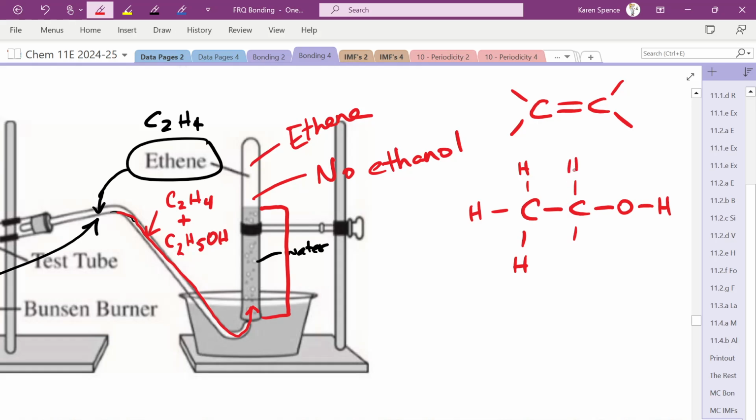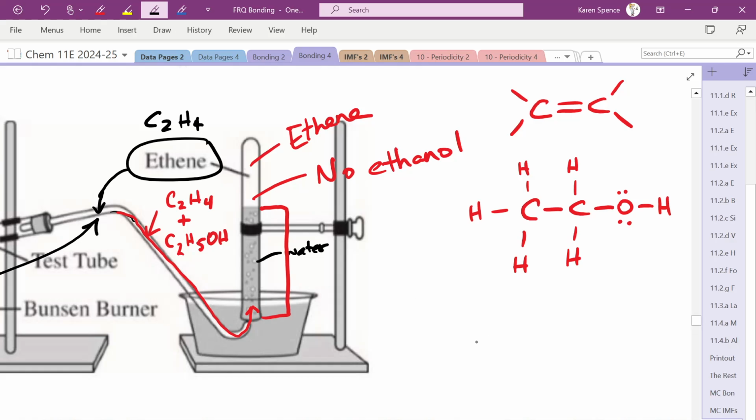And you have already drawn some Lewis structures. Yes? Where did the ethanol go? Did it disappear? Yes. Oh, it got hydrogen bonded to the water.